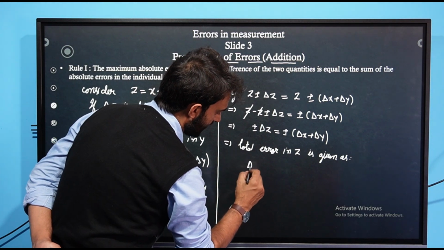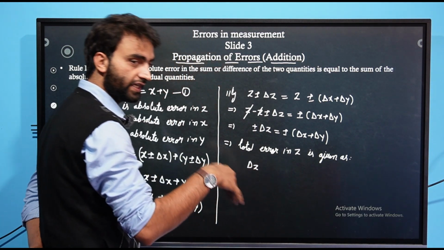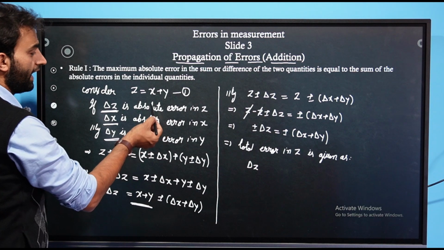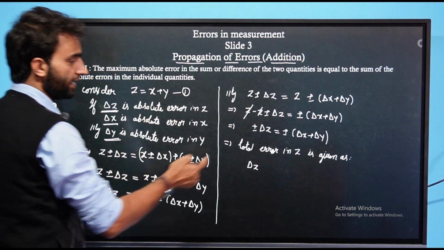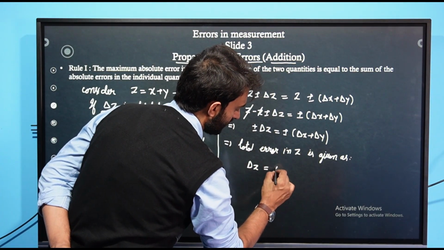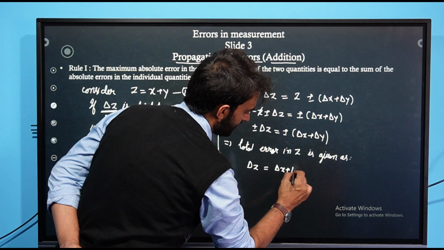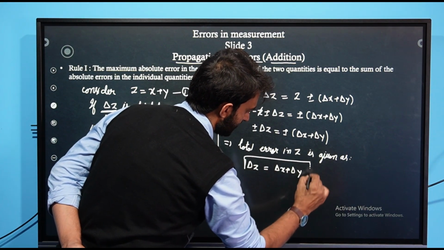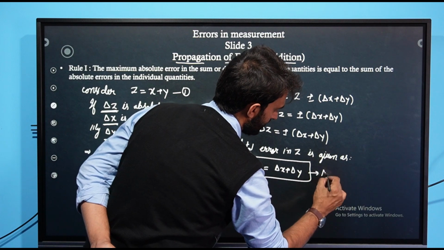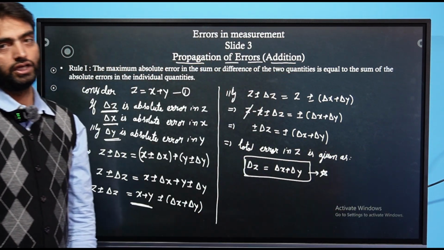So delta z, the total error in z, after adding these two terms, the error in x and error in y is getting added up. So we can say this is delta x plus delta y. So this is the total error which will be propagated to the answer.